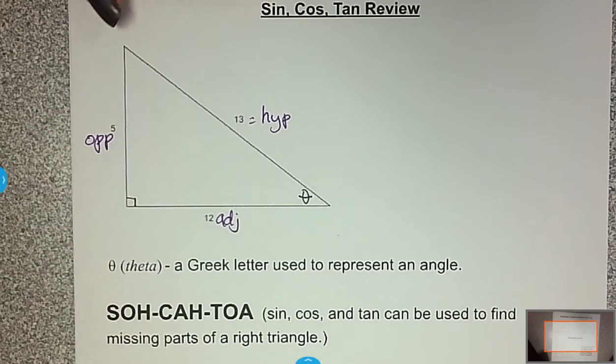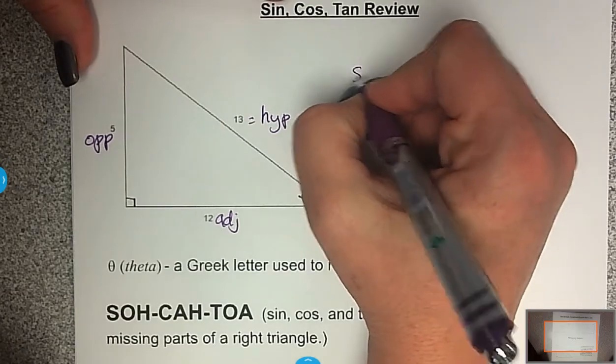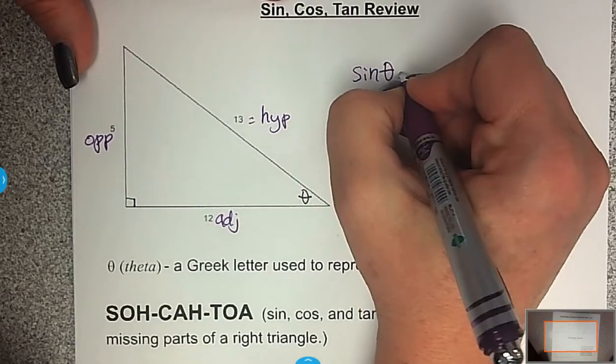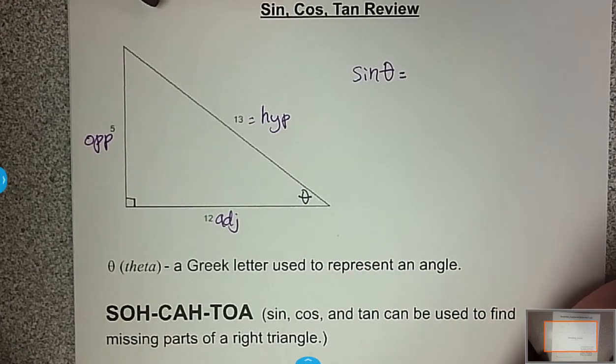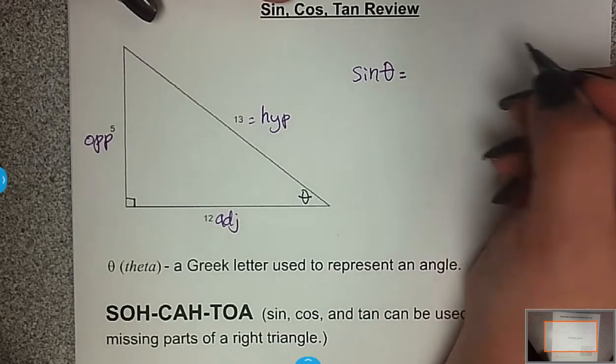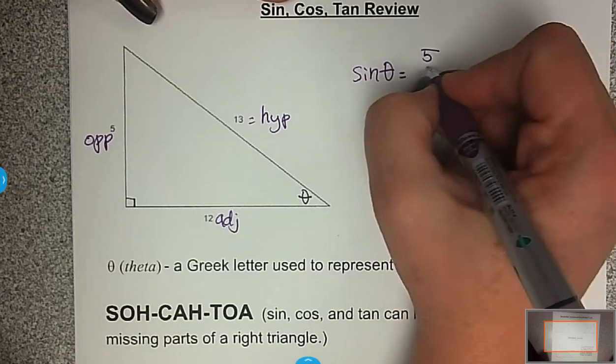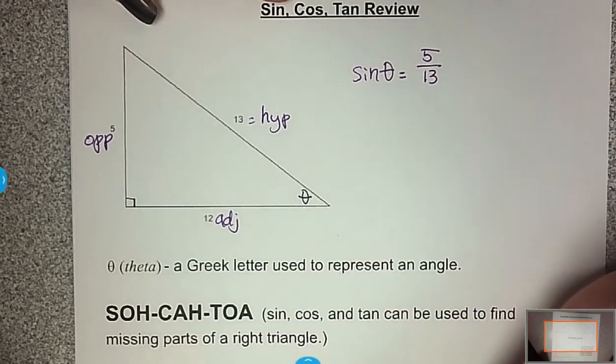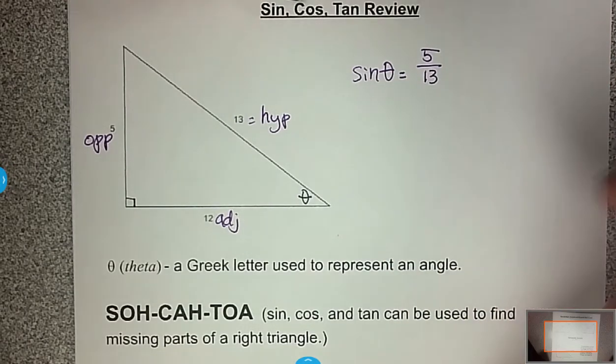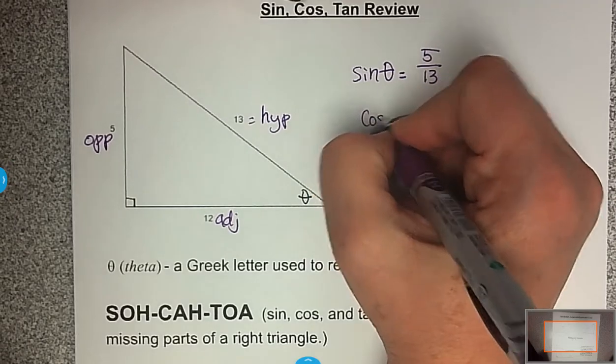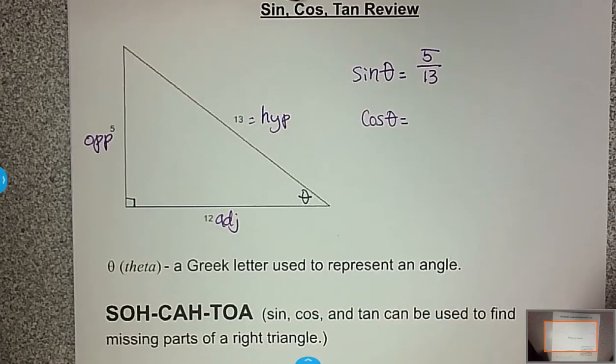So if I were to write the sine of theta for this problem, I need the opposite over the hypotenuse. So the opposite side is 5, the hypotenuse is 13, and we're going to leave it just like that. Cosine theta is the adjacent over the hypotenuse.